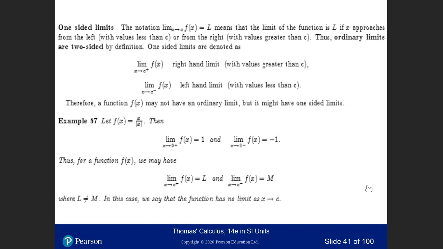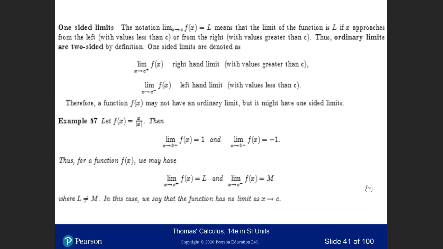Now, one-sided limits are denoted like this. Limit as x approaches c plus, which means values greater than c, of f(x) gives you the right-hand limit. So, how does your function behave if you approach c from values greater than c?